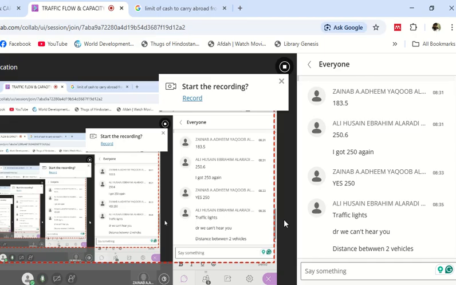Distance between two vehicles only. Which distance? Which two vehicles?